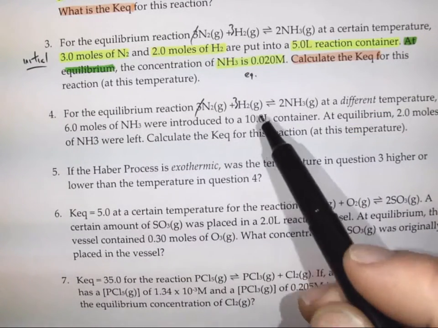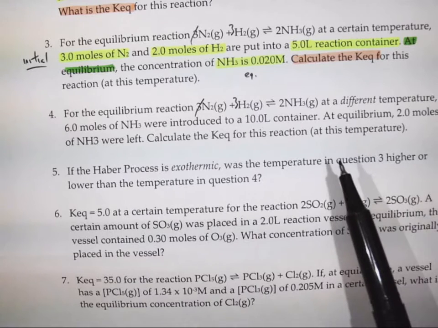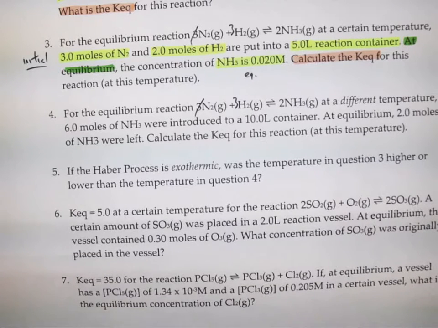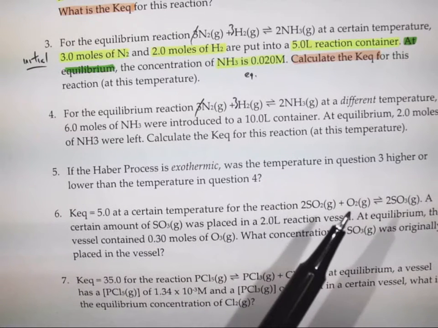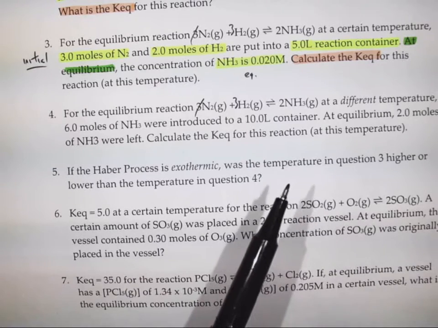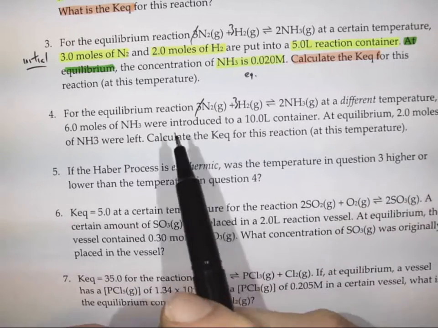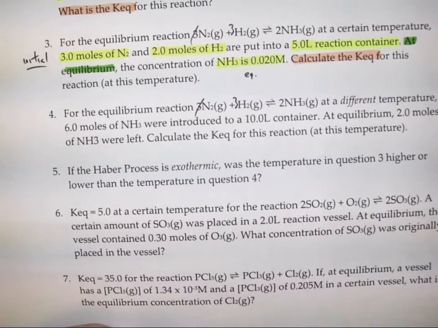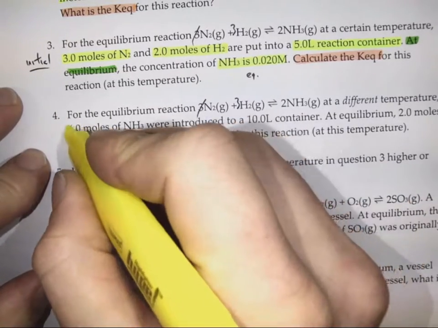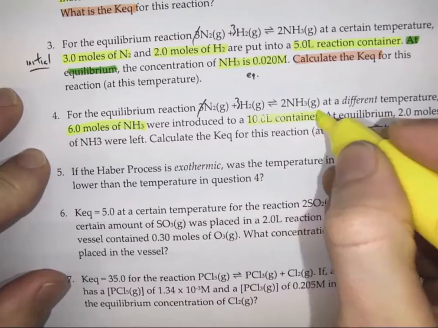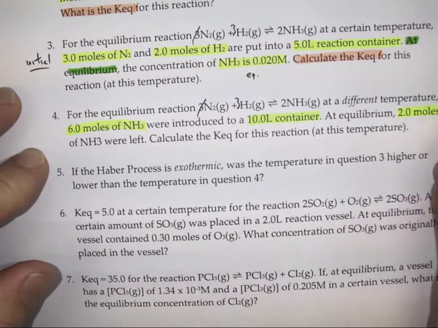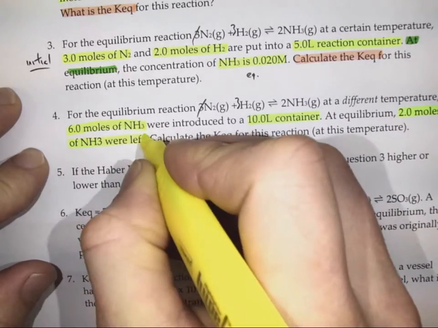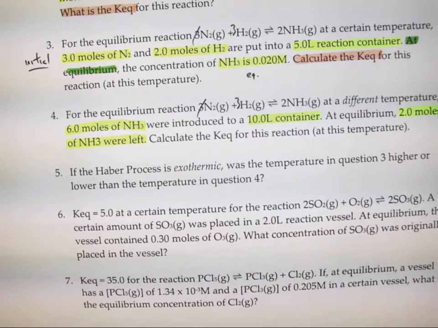Okay, so we've got the same reaction as the Haber process, and now we have a different temperature where 6 moles of ammonia are introduced to a 10-liter container. And at equilibrium, there are 2 moles of ammonia left. Calculate the equilibrium constant for this reaction.